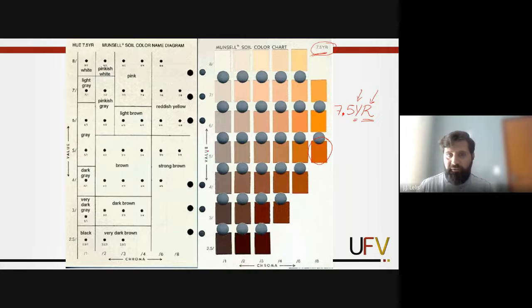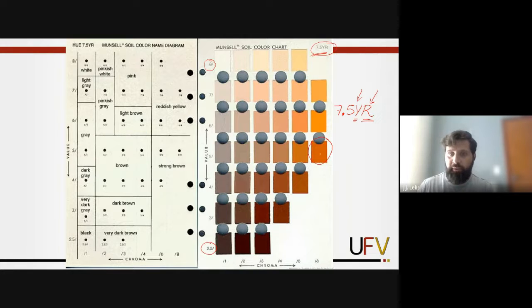We can see that values are lines, like here, and we can compare this value, 8, with this value, 2.5. This one has a lot of white mixed with this spectrum, this hue, and here we have not much white mixed with this hue.